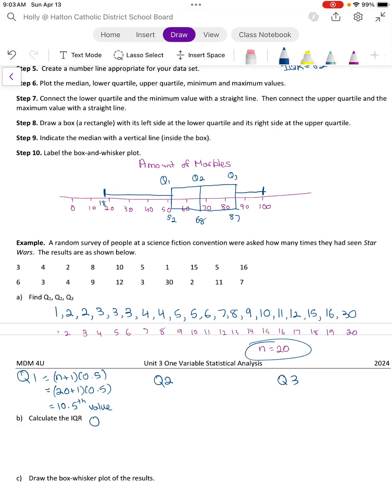So therefore, if I look at my values here, I'm looking basically at the 10.5, oh, sorry, I'm finding Q2 right now. Sorry, I labeled that as Q1, that should be Q2. Okay, so this is actually Q2.